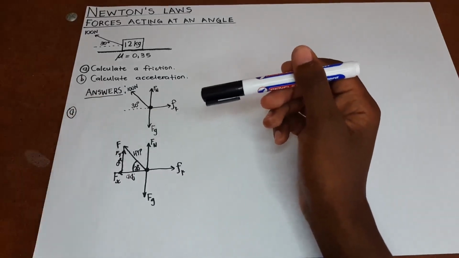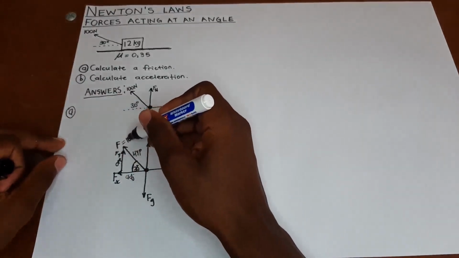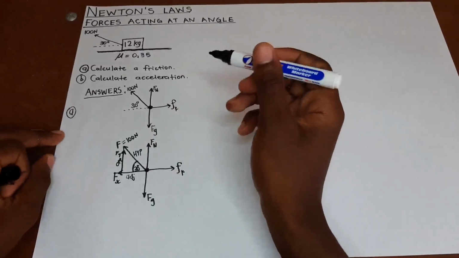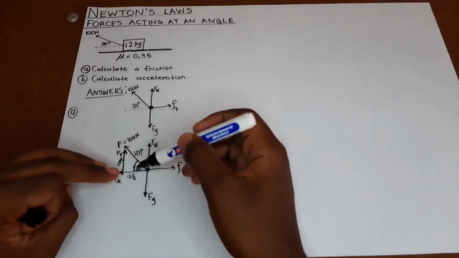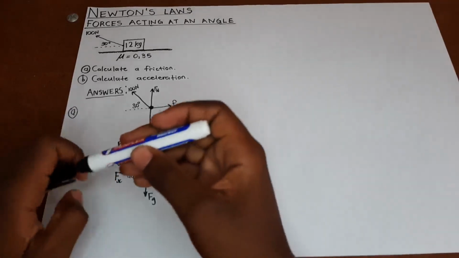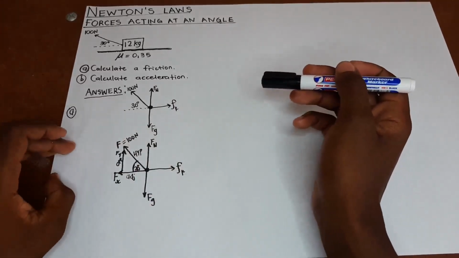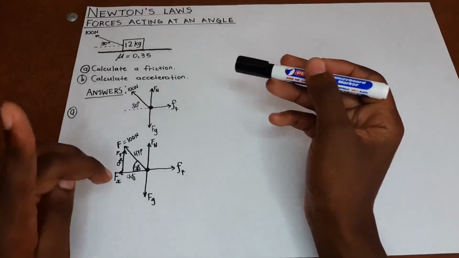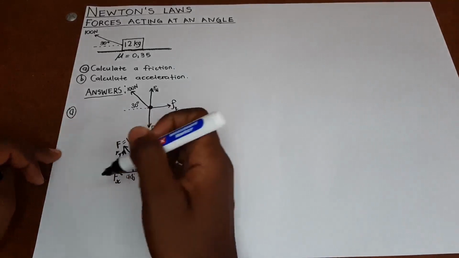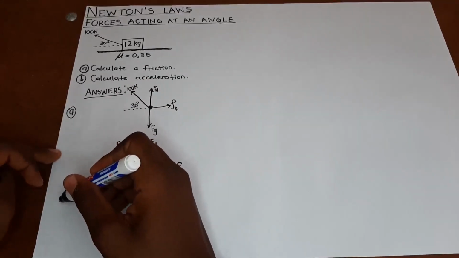In this case, as you can see, our F is given and is equal to 100 newtons. Let's look at our angle, 30 degrees. Let me first introduce you again to our trigonometric ratios.